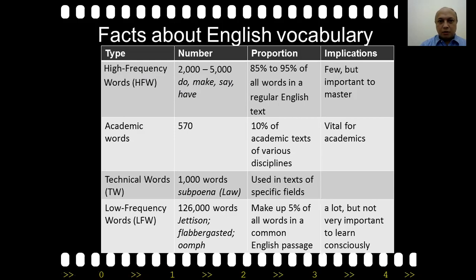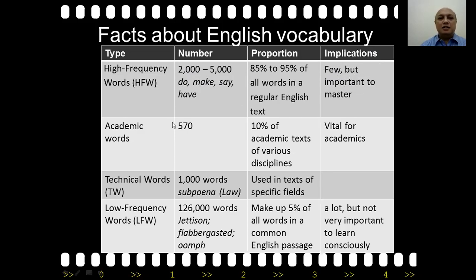And about the proportion, they make up 85% to 95% of all words in a regular English text. So they are quite frequent. What is the implications? Okay, there are few words, not very many, but important to master. You have to master this. Otherwise, you just cannot say anything in English.